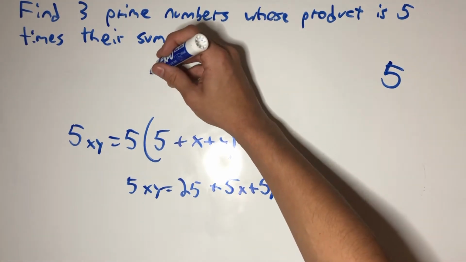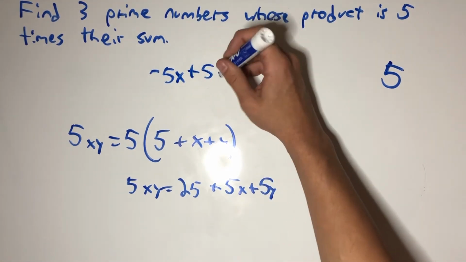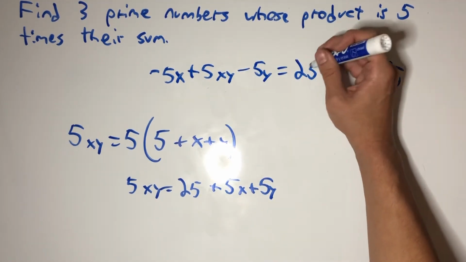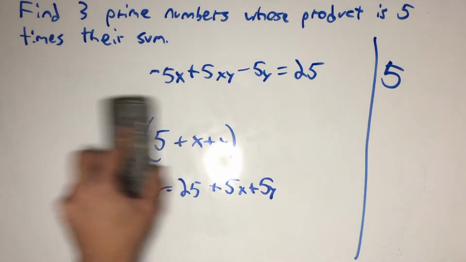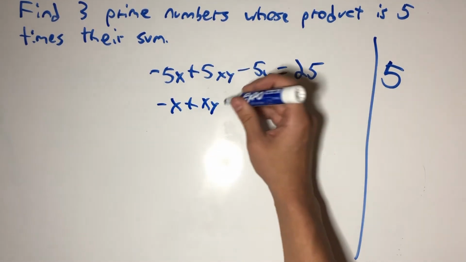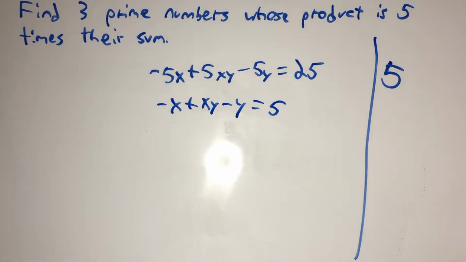So we will get negative 5x plus 5xy minus 5y equals 25. So now we can divide this whole equation by 5 to get that negative x plus xy minus y equals 5. Now, where do we go from here?